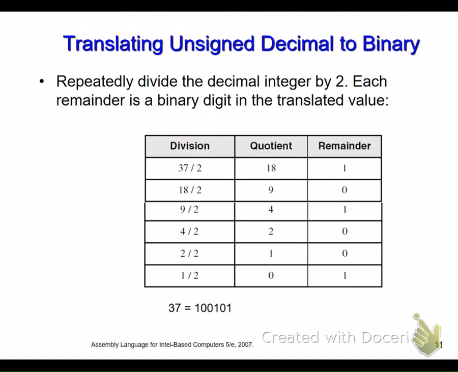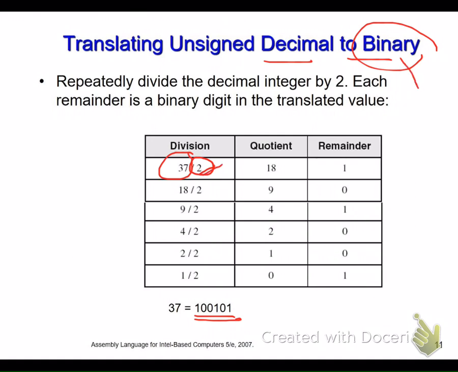If I would like to translate unsigned decimal to binary, say you have 37 in your mind, how can you write this in binary? What you will usually do is divide by the base that you are translating to. So if you would like to translate to binary, you have to divide by 2.